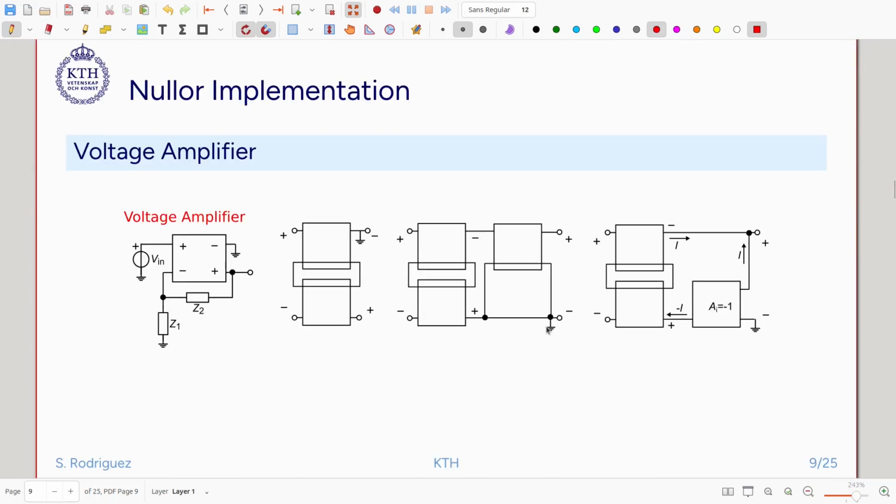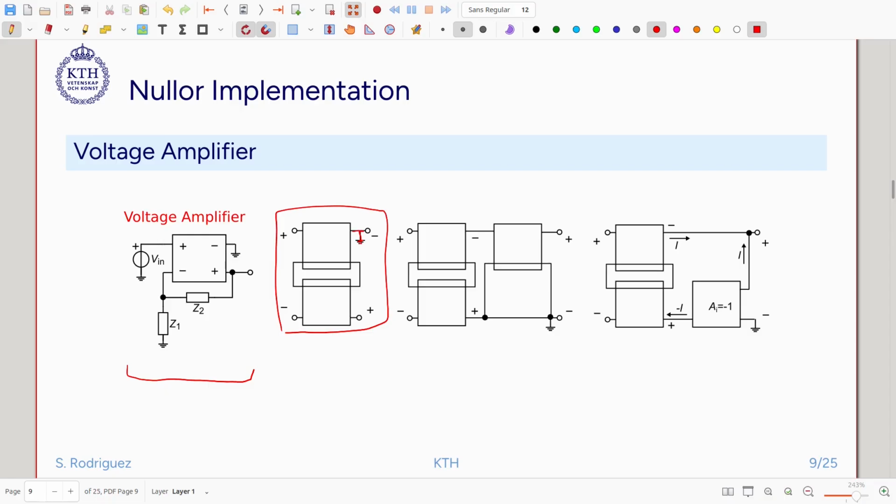Now let's take a look at a couple of examples. So for a voltage amplifier, we have our asymptotic model here, and then we need to implement the nuller. One alternative is to use a differential pair, and that is how we connect the differential pair here. We connect the differential pair, and one of the outputs will be grounded.